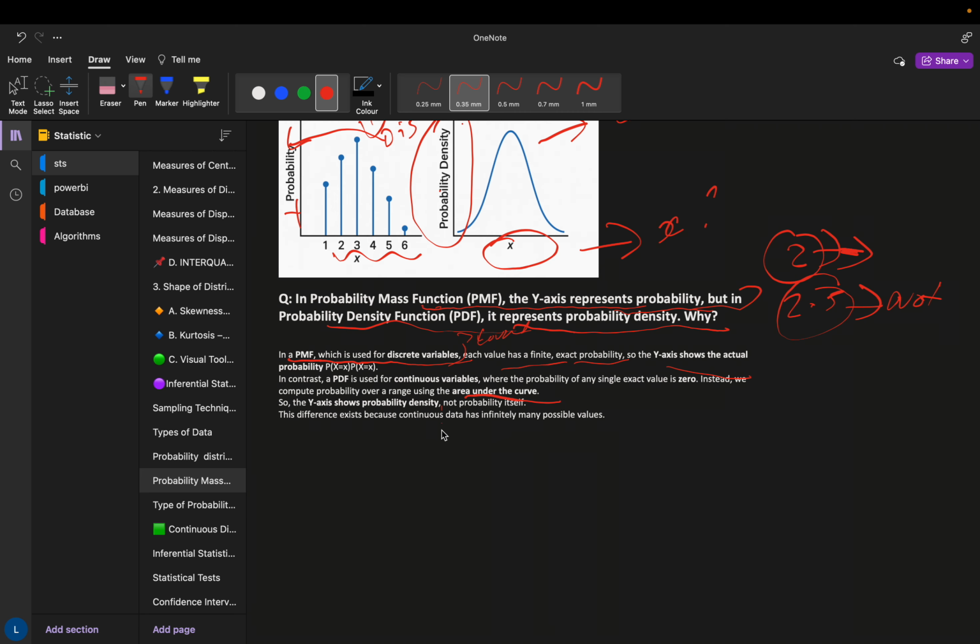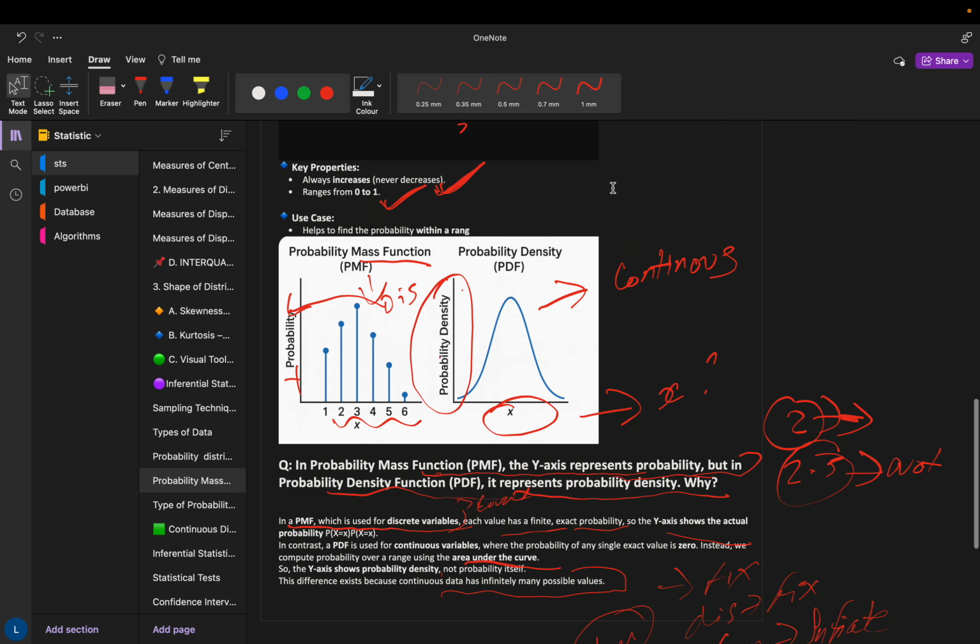This difference is because continuous data has infinitely many possible outcomes. It is not fixed, right? But in discrete it is fixed. In continuous it is infinite. That is the reason we use probability density rather than probability in the probability density function.